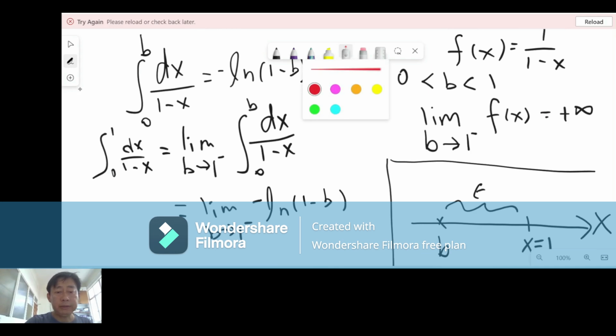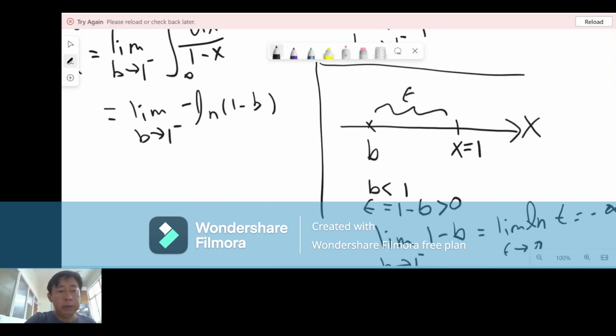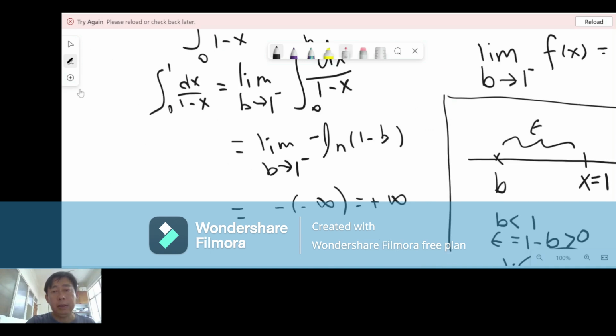So there's a minus sign here for log of 1 minus b. Therefore, the limit of minus log of 1 minus b, according to our explanation here, would then give you minus of minus infinity, which is positive infinity. As such, the improper integral is divergent.